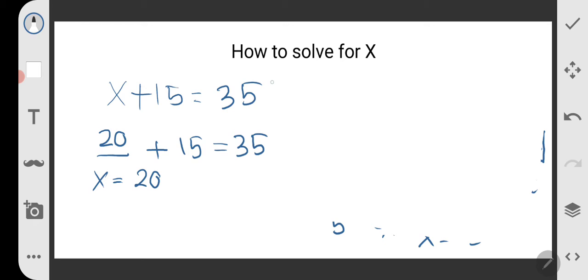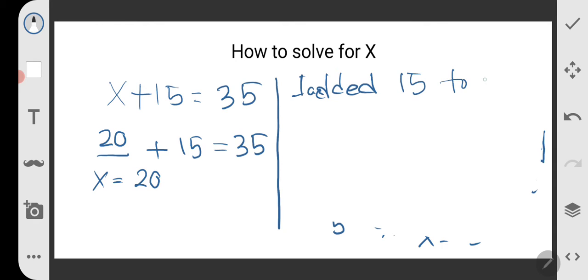But instead of thinking of this blank, we can also work backwards. So what I did here is that I added 15 to x and got 35. Okay, so we are adding 15 to x and getting 35, but I want to get x, right?